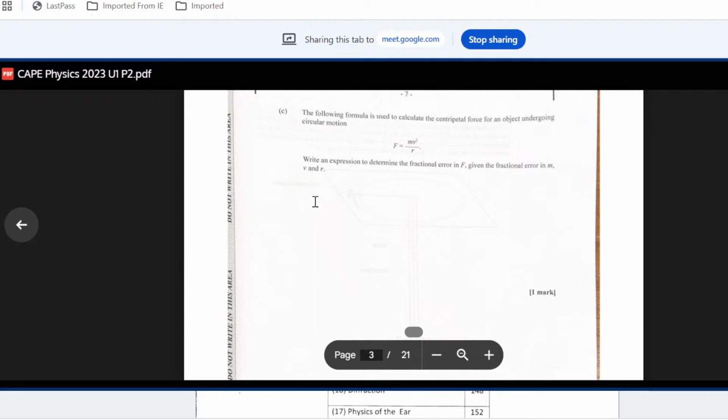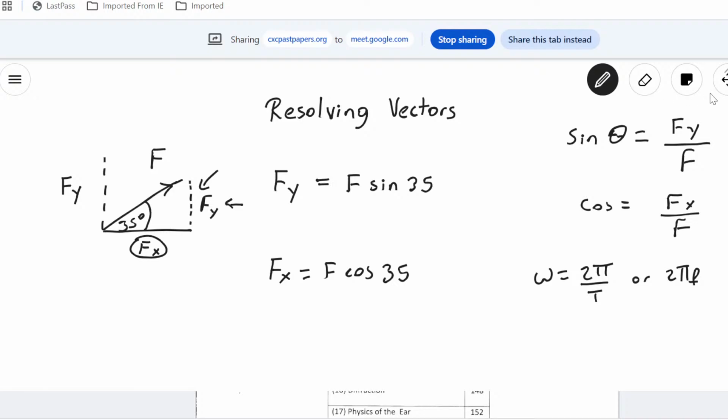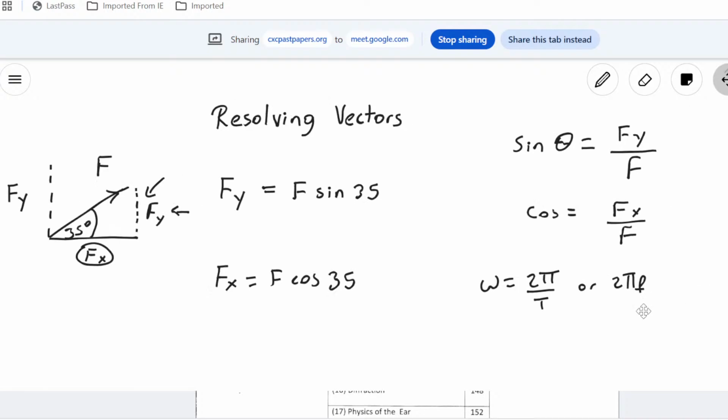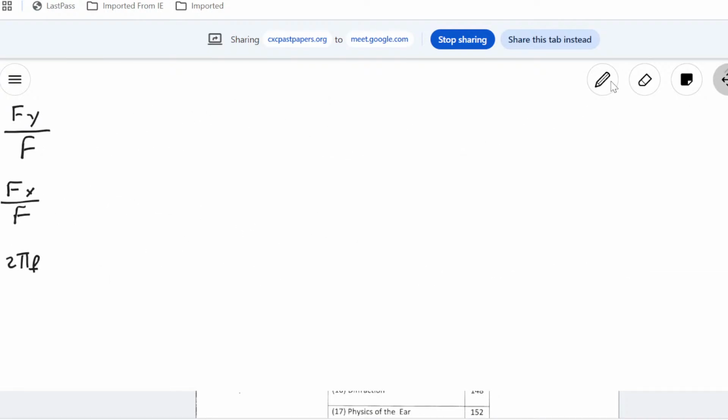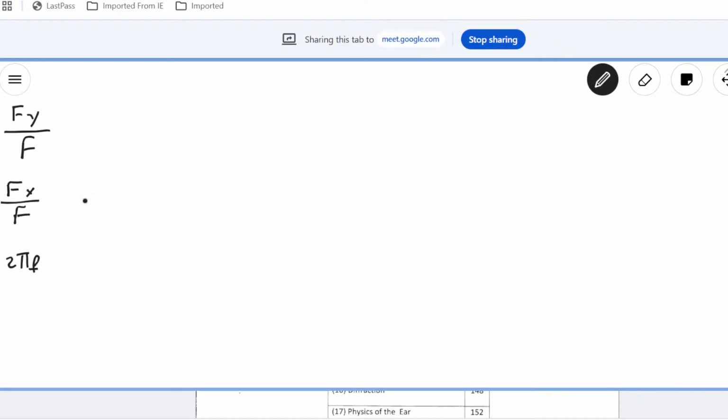It's plus. Plus the uncertainty of r over r, plus the uncertainty of v squared over v. Sorry, the v. My bad.